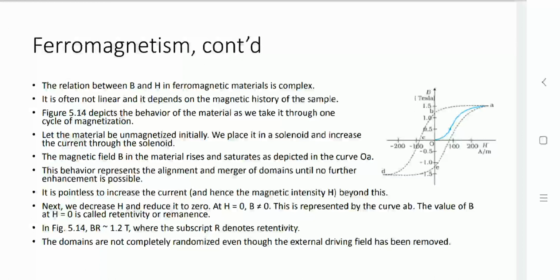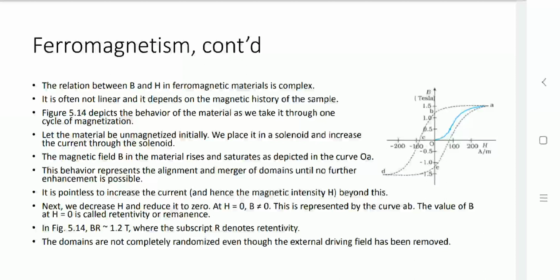Now we decrease H from zero, in the negative direction. Whatever magnetic field is available at H equal to 0, that is 1.2 Tesla, is known as the retentivity.